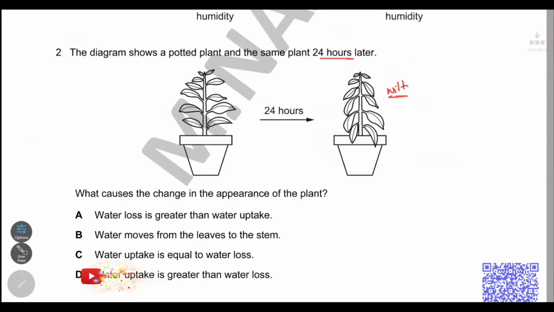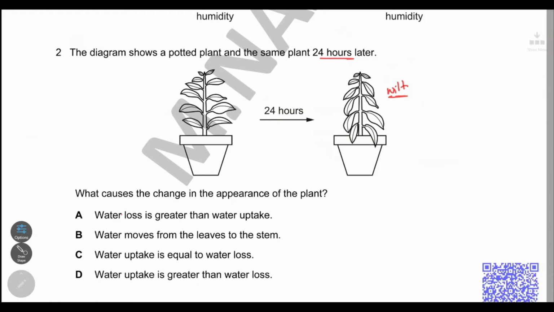A, water loss is greater than water uptake. B, water moves from leaves to the stem. C, water uptake is equal to water loss. D, water uptake is greater than the water loss.